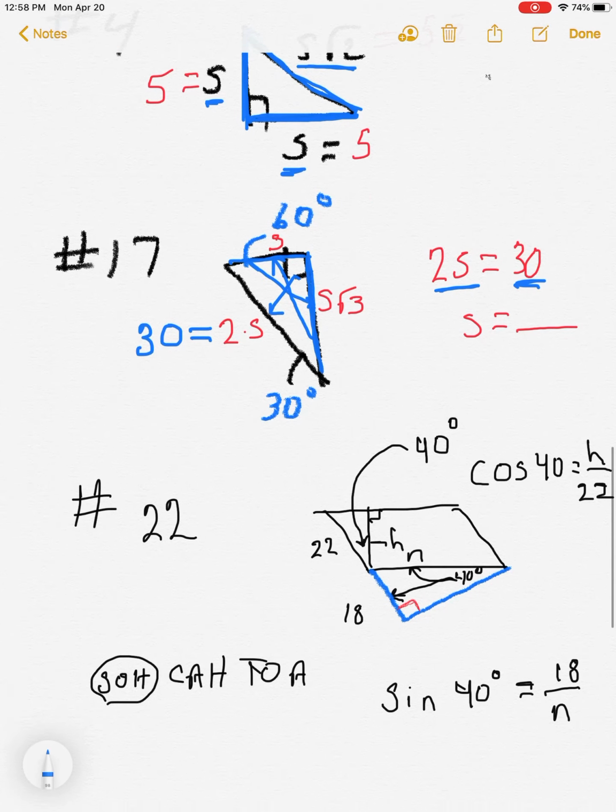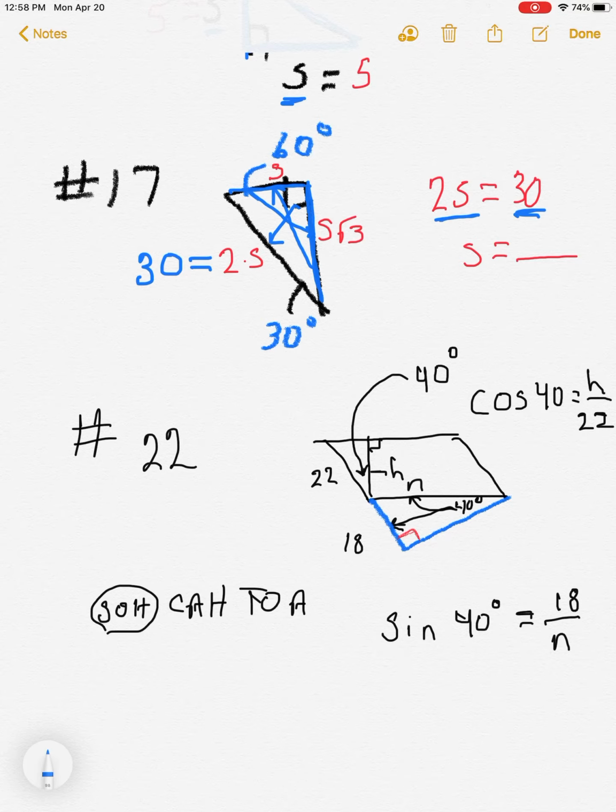Problem 22 is a bit complicated. I want to start out by finding the base of the parallelogram. I've labeled the base of the parallelogram n. So I'm trying to find the length of this unit right here. I notice that I have a 40-degree angle here, and I notice that this side is 18.